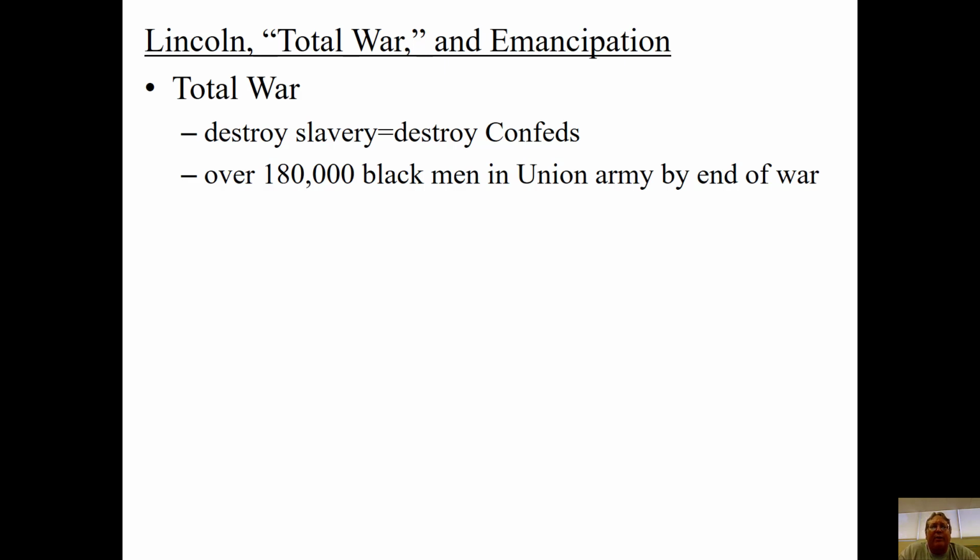So in a big way, the Emancipation Proclamation complicates the war, right? It makes some white Southerners want to fight harder, longer. It makes some white Northerners say, well, I'm not as interested in this war now. But for the most part, it is coming to grips with the reality of the war, that something's going to have to be done with slavery, that it can't be ignored like we've been ignoring it for the past 60 years in this country.